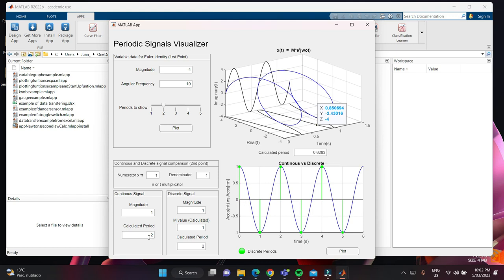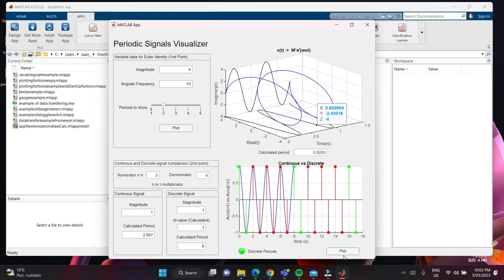So if we have these normal values, we can see that the calculated period in both discrete and continuous is going to be 2. So let's change it to the value that I calculated here. So let's say 3/4, plot. As we can see, the teacher actually said we have to show 3 periods. So this is 1, this is 2, and this is 3. This is how they work in discrete.